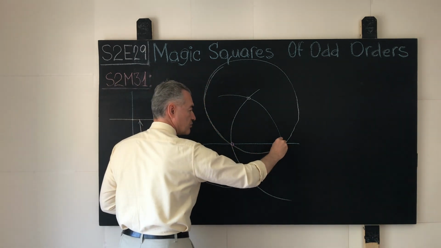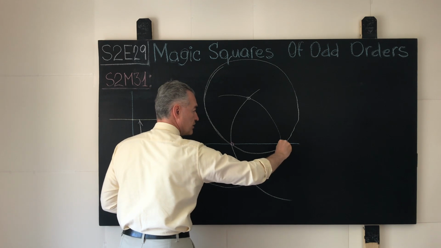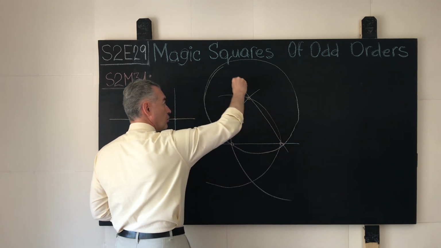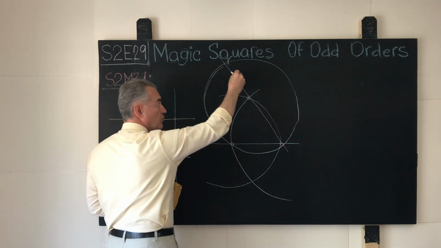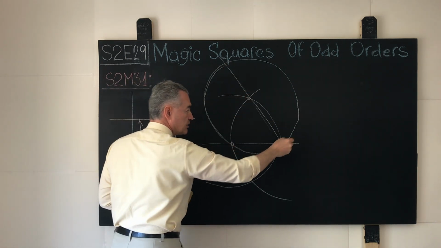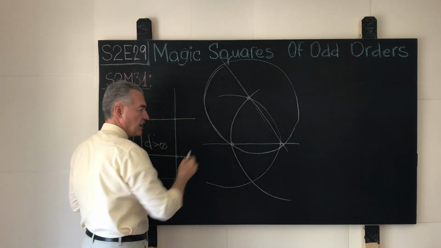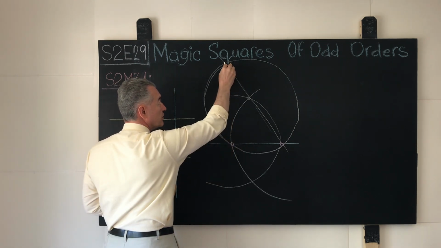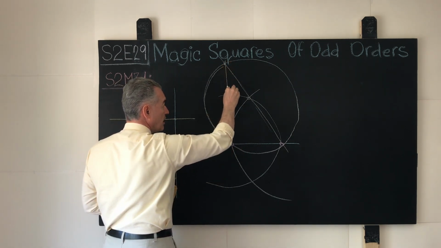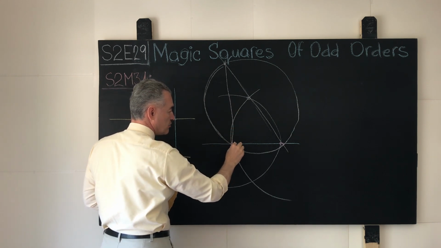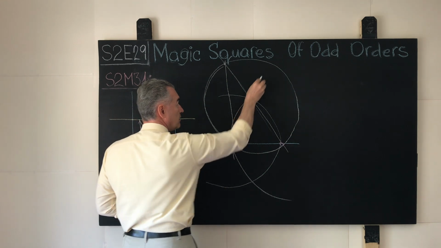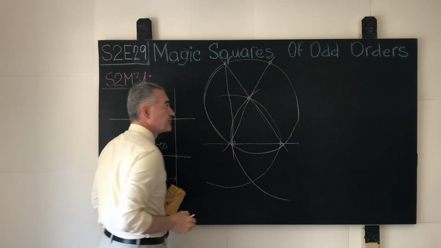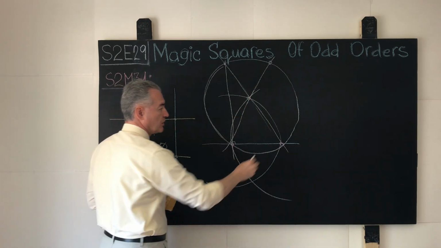The straight line through this point and the center of the biggest circle will be drawn that way, and this straight line will be what? It will be a diameter of the biggest circle, and this will be a chord, so this angle over here must be right. Likewise, if we draw this straight line, it will intersect the biggest circle over here as well.